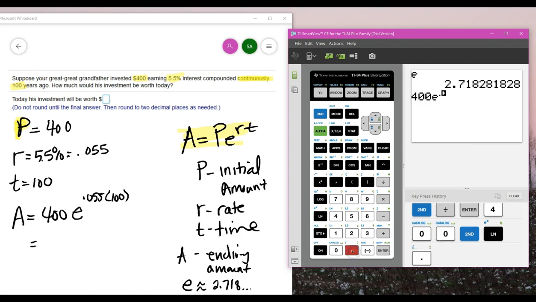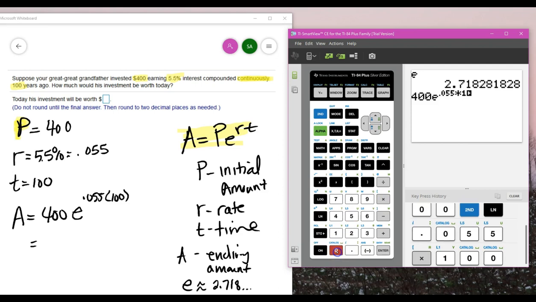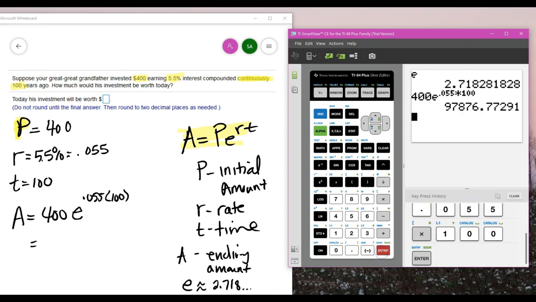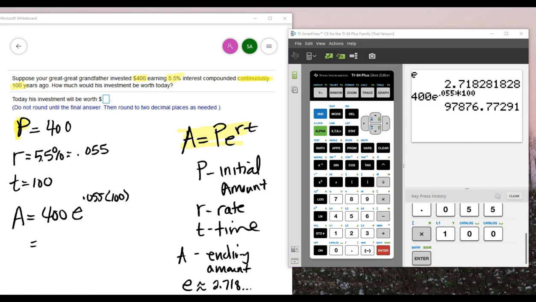So I'll do 0.055 times 100 in that exponent. So my great-great-grandfather's investment grew to be $97,876.77. That is the power of compounding and time.